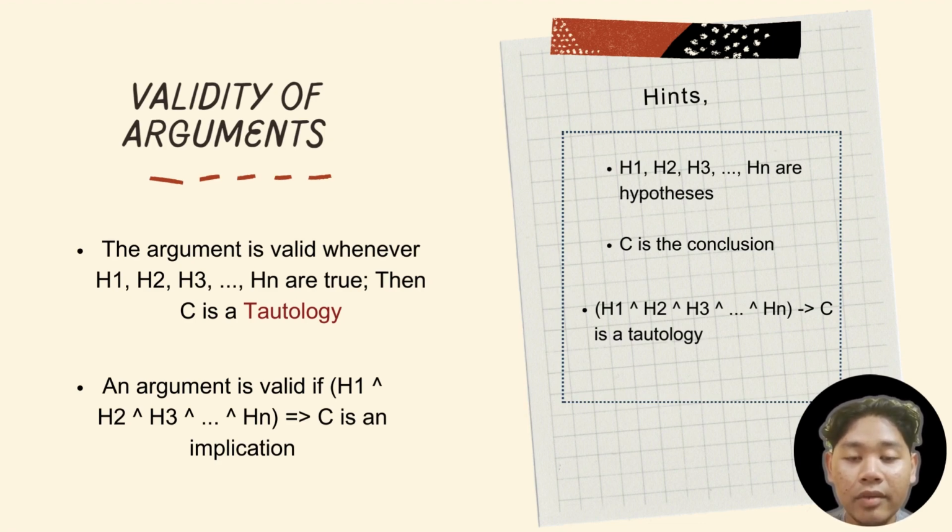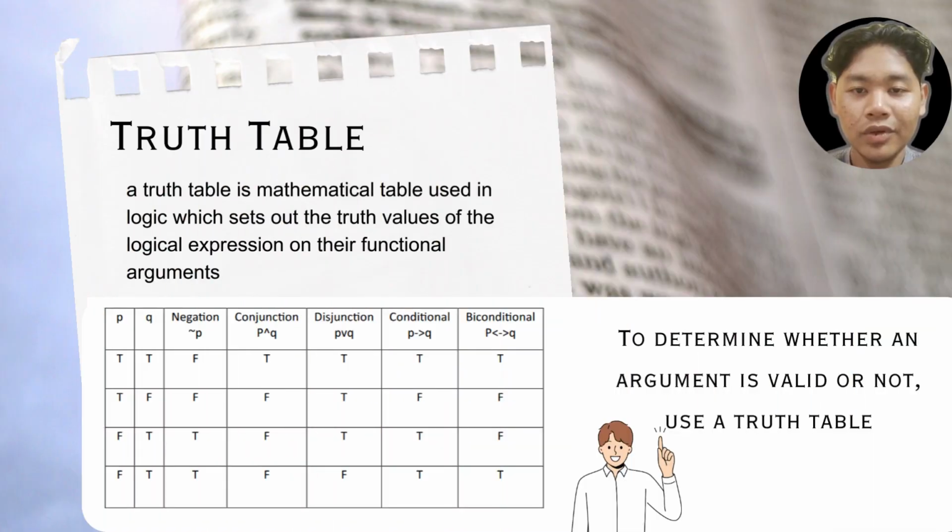An argument is valid if hypothesis 1 and hypothesis 2 and hypothesis 3 and so on to hypothesis n implies the conclusion is an implication. Truth table. A truth table is a mathematical table used in logic which sets out the truth values of the logical expression on their functional argument.